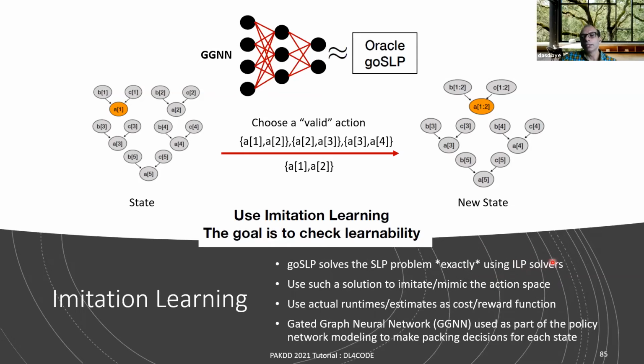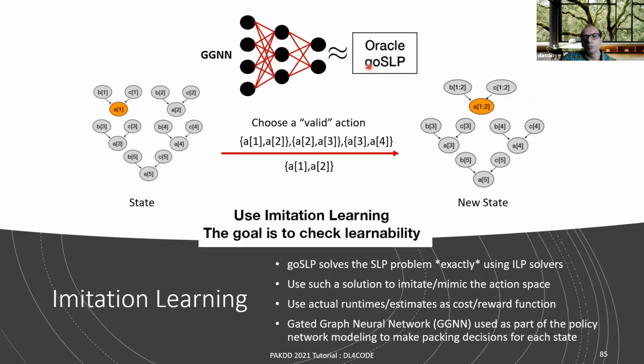And what they are trying to do is, once they want to go from one state to another, they want to mimic that transition of the ILP solver. So that's how it is trained, by mimicking that ILP solver, and that ILP solver works as your oracle. The Go SLP is their earlier paper which uses that ILP solver.